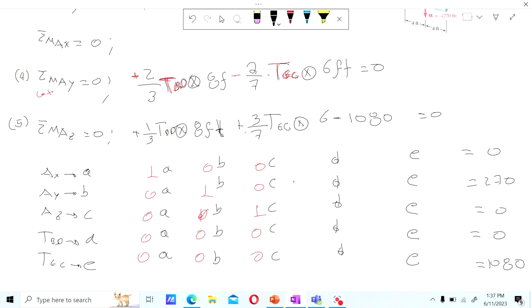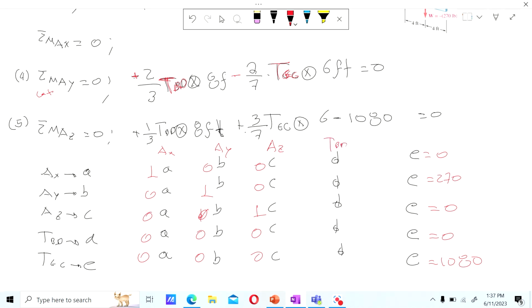So let's go ahead and do this part. Very quickly, let me write it down. Remember, A corresponds to AX, B corresponds to AY, C corresponds to AZ, D corresponds to T_BD, and E corresponds to T_EC.